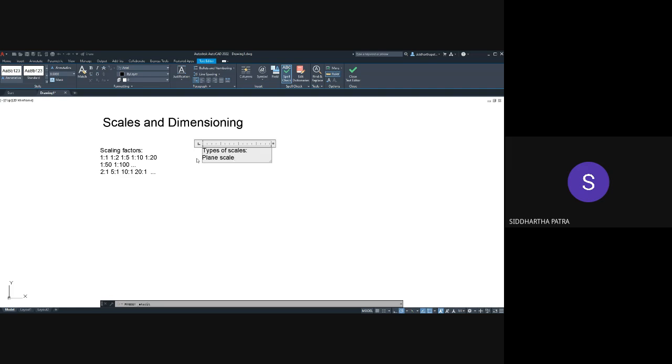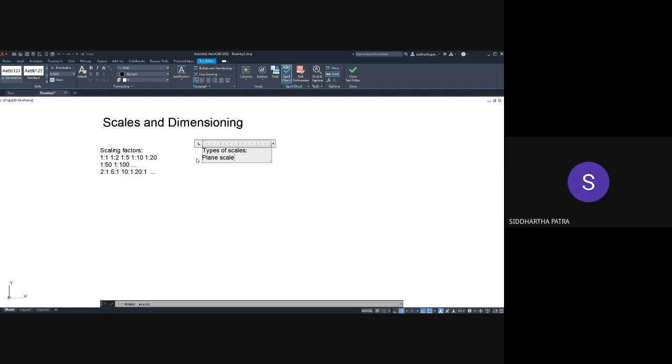Now let's say you are making a drawing which incorporates several components, and they are supposed to be of different dimensions. Every time you are working with a given dimension, it could be, let's say, 1 meter or 2 meters, and let's say you are using a reducing scale of 1 is to 50.